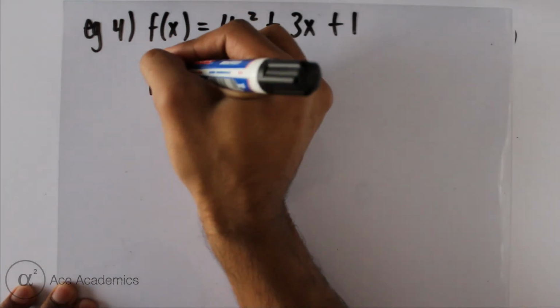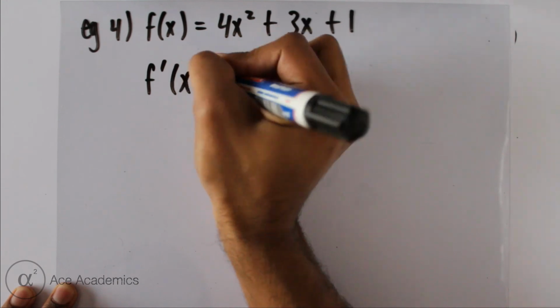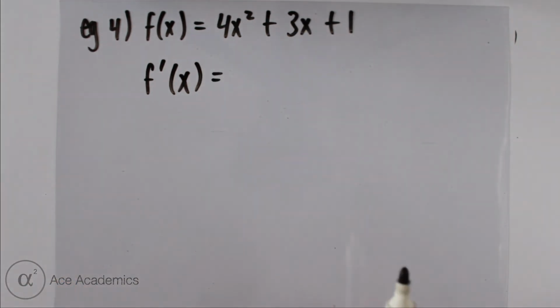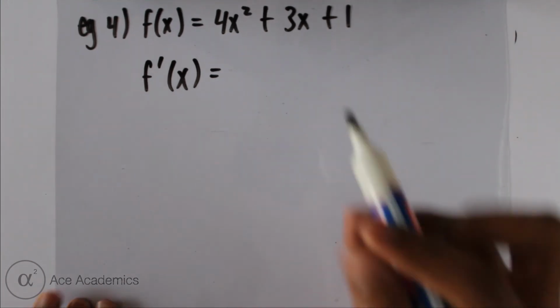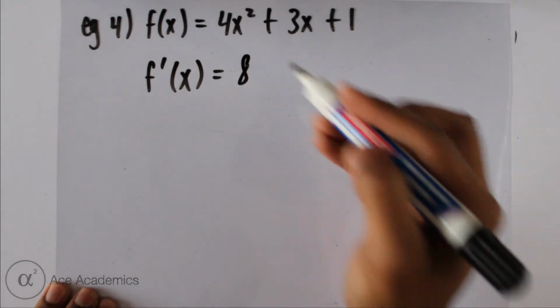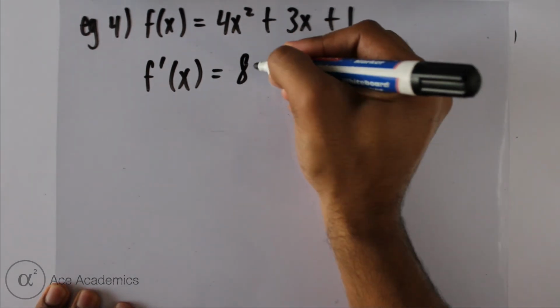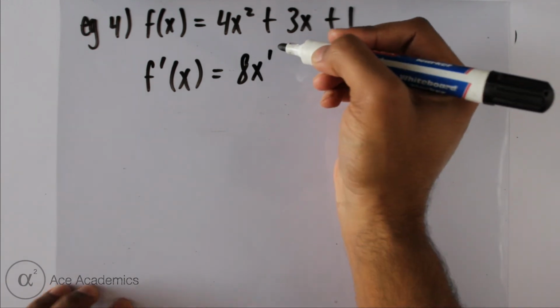So the derivative of the above function, now let's look at them term by term. The first term is the power rule, or the third rule of differentiation. So we take the exponent and we multiply it by the coefficient, so 4 times 2 is 8, and we subtract 1 from the exponent, and we're left with x to the power 1.